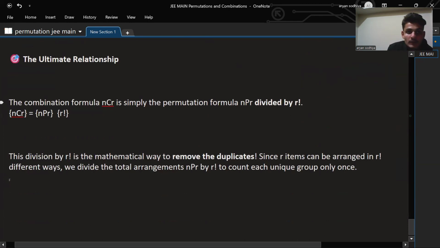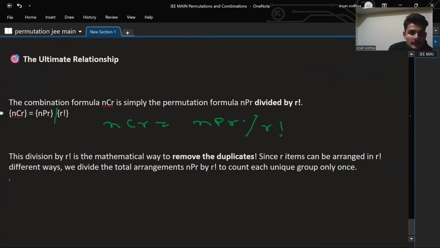The combination formula nCr is simply the permutation formula nPr divided by r factorial. We previously discussed that nCr is nPr divided by r factorial. Here, division is there. nPr is greater than nCr by r factorial times.